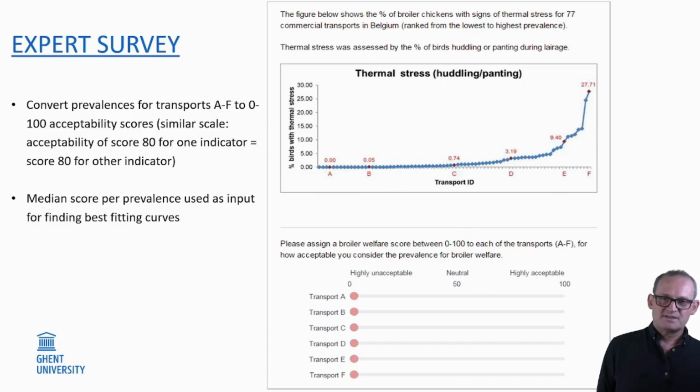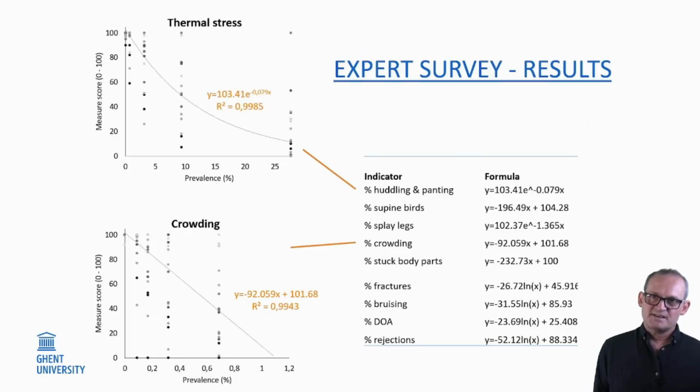And they were asked to say how acceptable they considered the prevalence for broiler welfare. And we used then the median scores of these experts to calculate relations like this, to see how the true prevalence related to the measure score between 0 and 100 according to the experts.